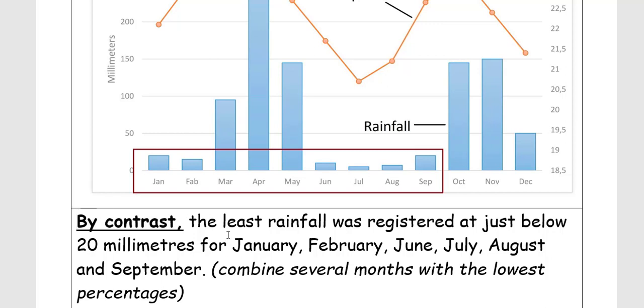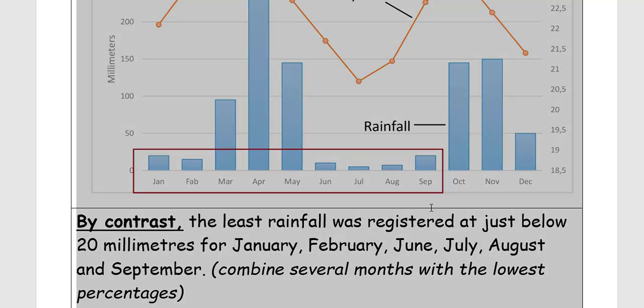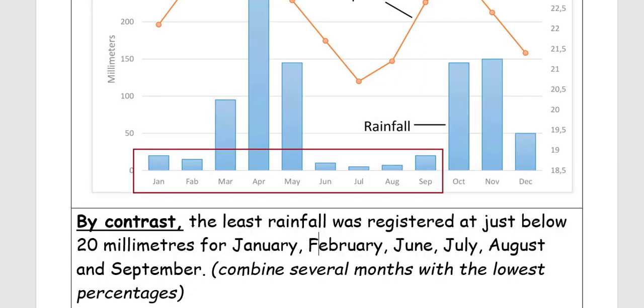The least rainfall was registered at just below 20 millimeters for January, February, June, July, August, and September. So if you look at all of these months, right, then you can say that the amount of rainfall was just below 20 millimeters.